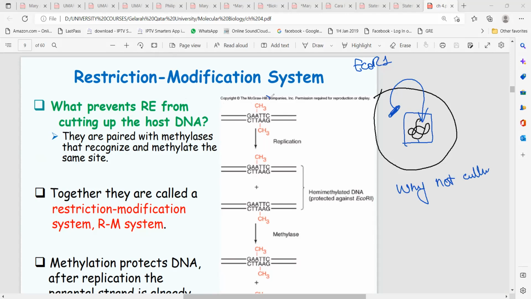These enzymes add methyl groups to DNA sequences, either to adenine or cytosine. Methyl groups can be added to adenine or cytosine. And now when you have a CH3 group added, it means DNA is modified.